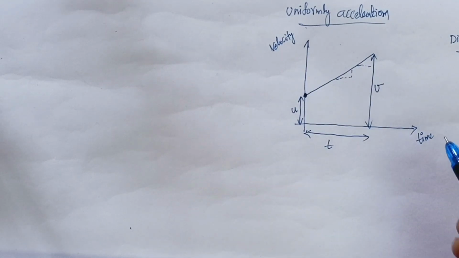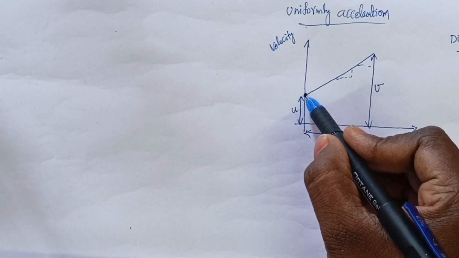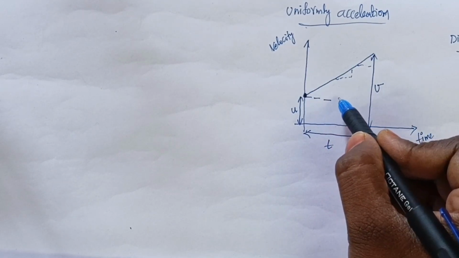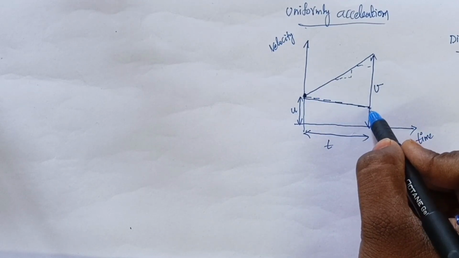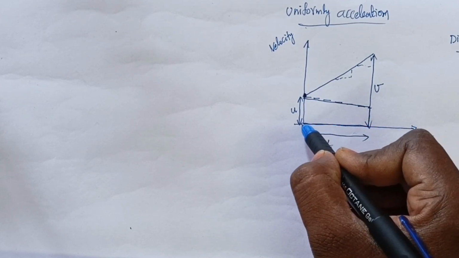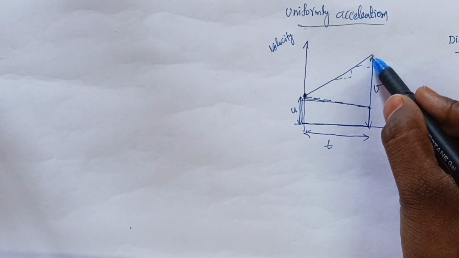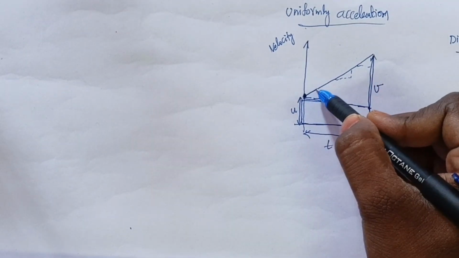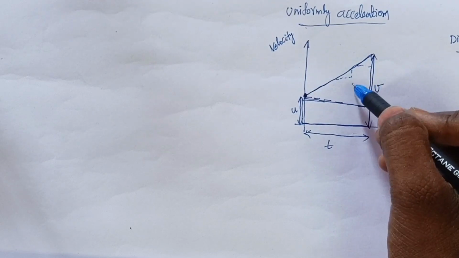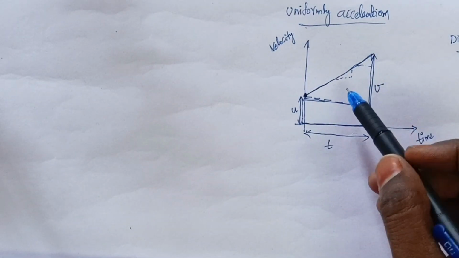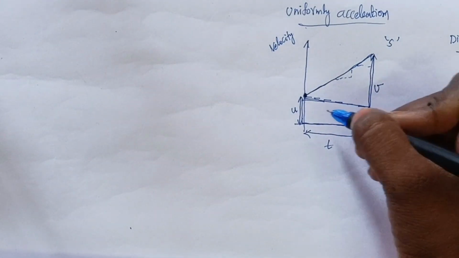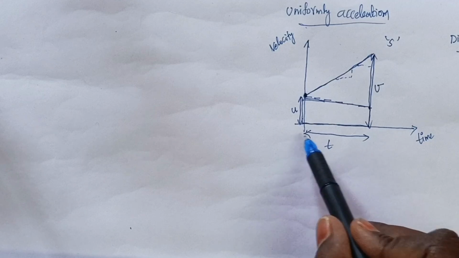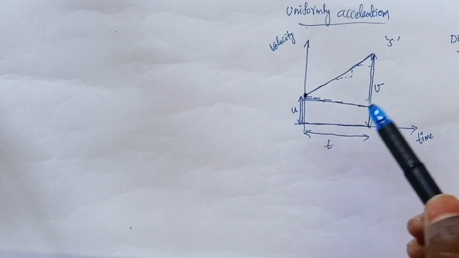How can I do the integration? So I am dividing this total region into two regions. Let me consider this region as a rectangular region and this region as a triangular region. If we find the area of these two regions, we can easily find the displacement S. For this rectangular region, the length is t and the height is u.